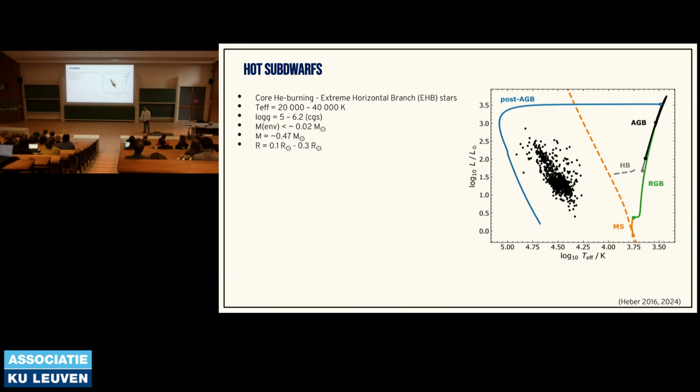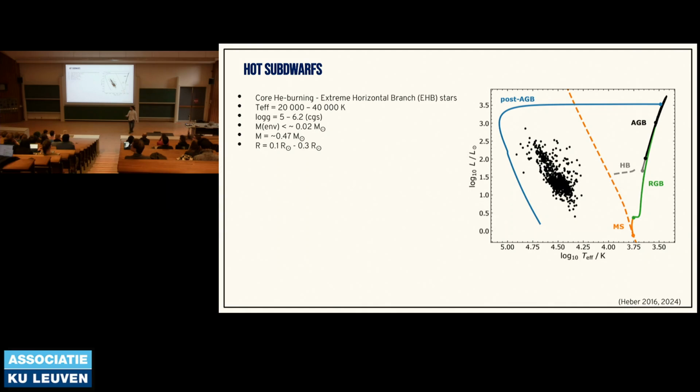Here is the critical stage to form extreme horizontal branch stars, which are hot subdwarfs, because the star, before or during the tip of the RGB phase, must lose almost all of its hydrogen envelope from the surface. What remains is just the naked core of a low mass red giant, with a mass of about half the sun.